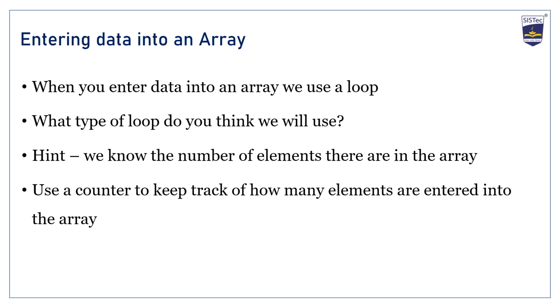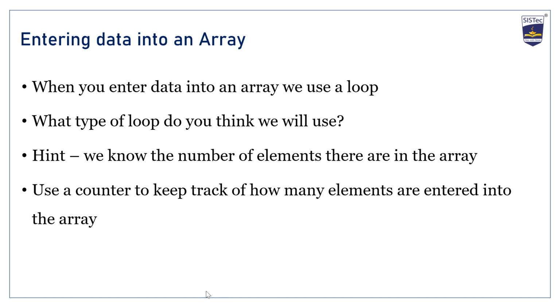For that purpose, we can either write it in an iterative manner, like we insert the first element, then the second element, then the third element, like that. Or another way is to write a loop. It can be a for loop, a while loop, anything like that, and we use the loop to insert as many elements as we want into an array.